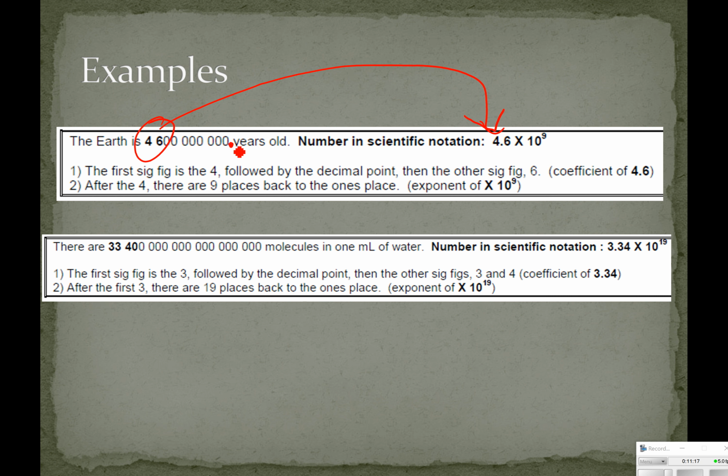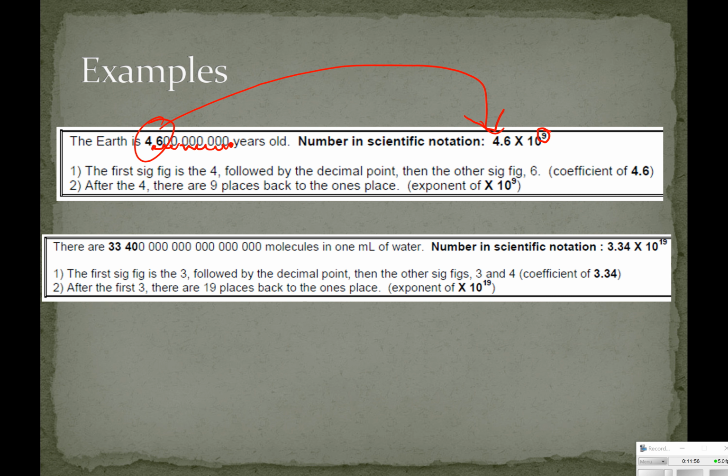Okay, so from the ones place here, we want to make this number greater than 0 and less than 10. Okay, so we move this decimal back to this spot here to make 4.6, and we count how many spots that was. And even though I've been doing this for a long time, I still got to count mine every time by writing them out. Okay, there's 9 places back to the ones place. All right, so this becomes 4.6 times 10 to the 9th. The 9 telling us how many spots we're moving.